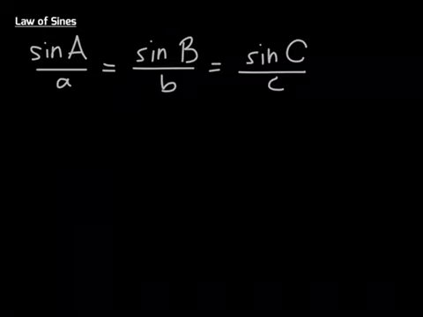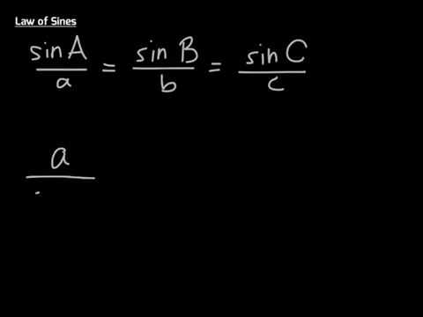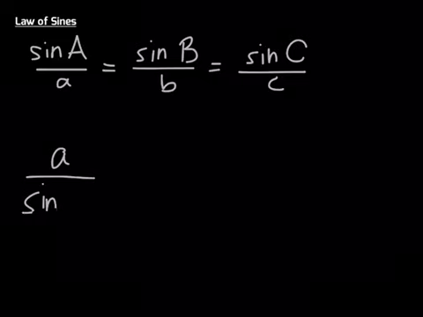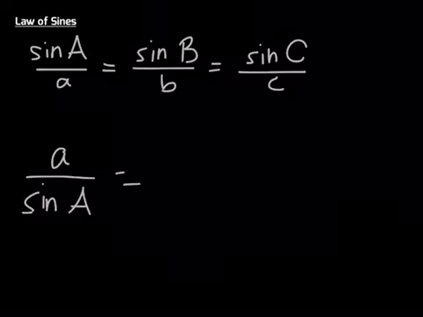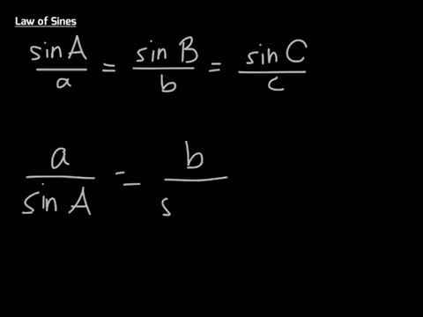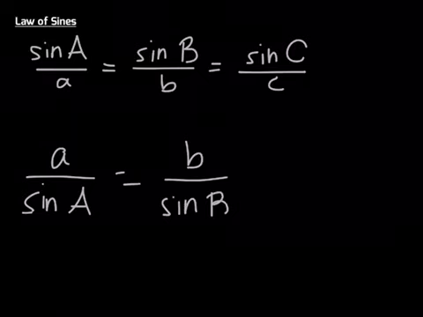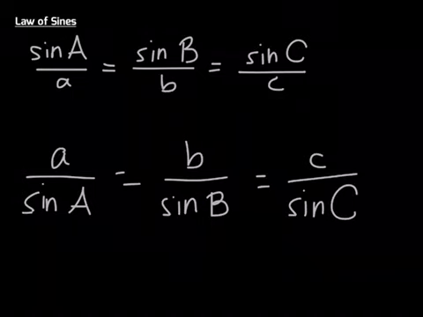This can also be extended to say that A is to sine A, so the reciprocal relationship, what B is to sine B, what C is to sine C, right?